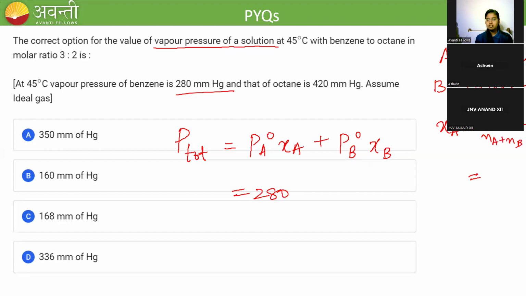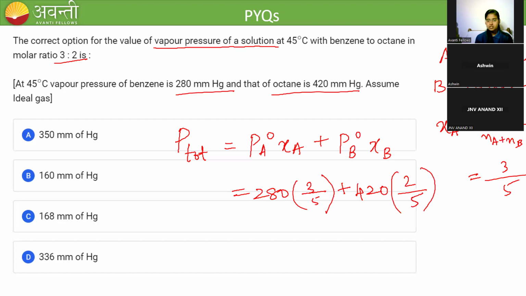The ratio of moles of benzene to octane is given as 3:2. So for benzene the number of moles is 3, and 3 plus 2 is 5. So XA is equal to 3 by 5, plus PB naught, the vapor pressure of octane, which is 420 mm of mercury, into XB, which is 2 by 5.